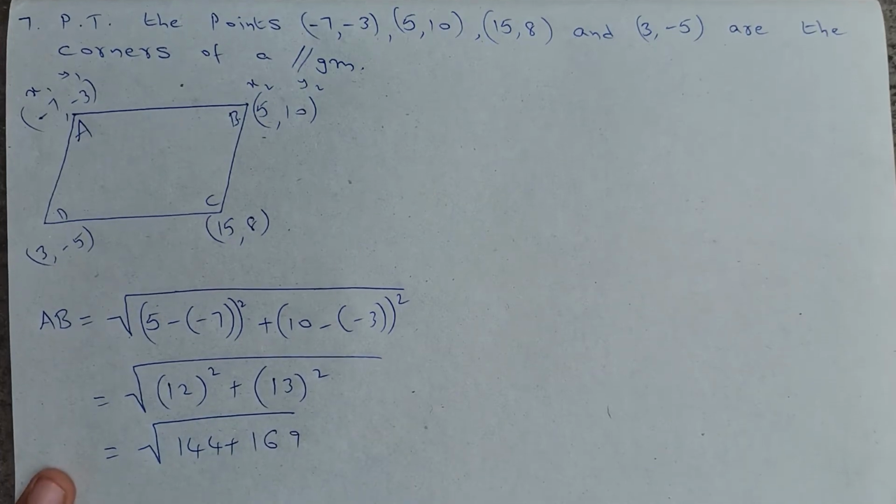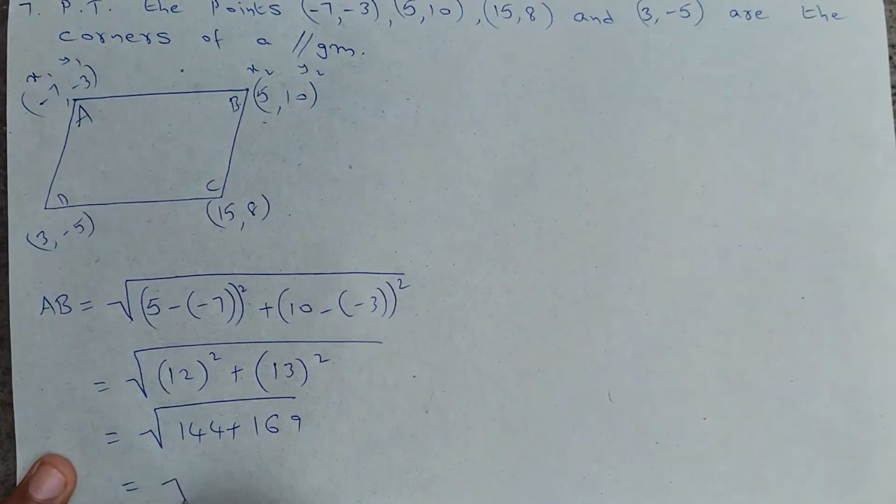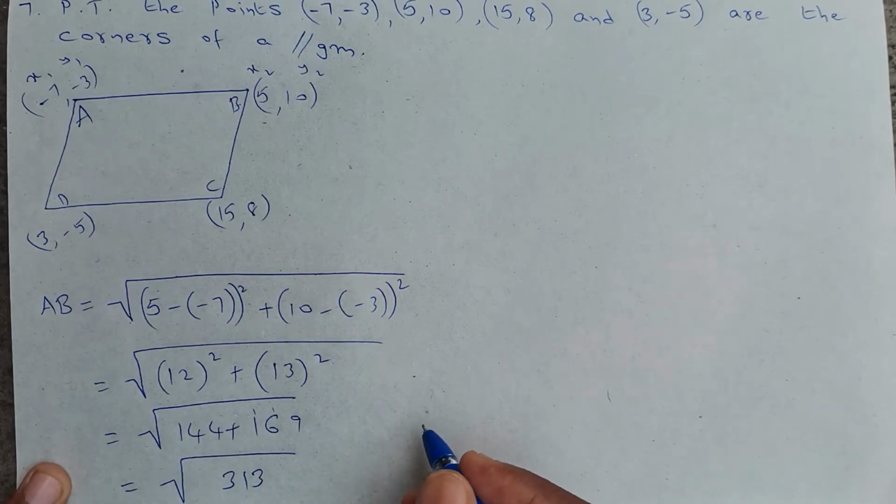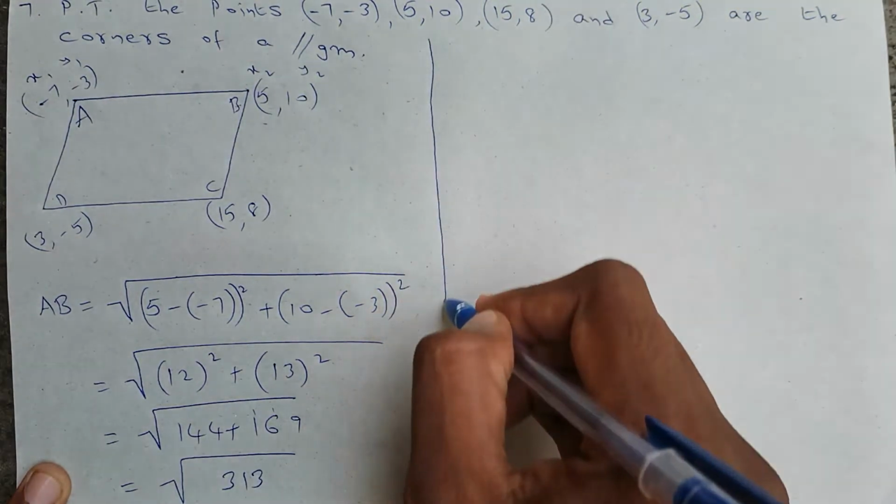So if we simplify it, 144 plus 169 is 313. So under root 313.